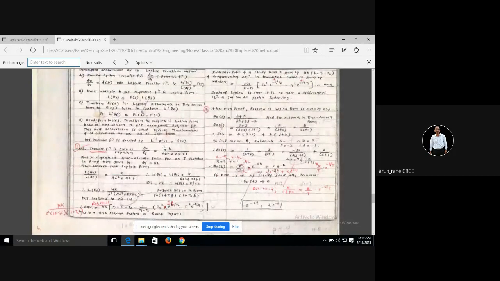So now let us do a few sums based on the Laplace. What I will tell you is that any system can be mathematically modeled. Linear differential equations are used for modeling the system. When you solve this differential equation, you get two solutions.